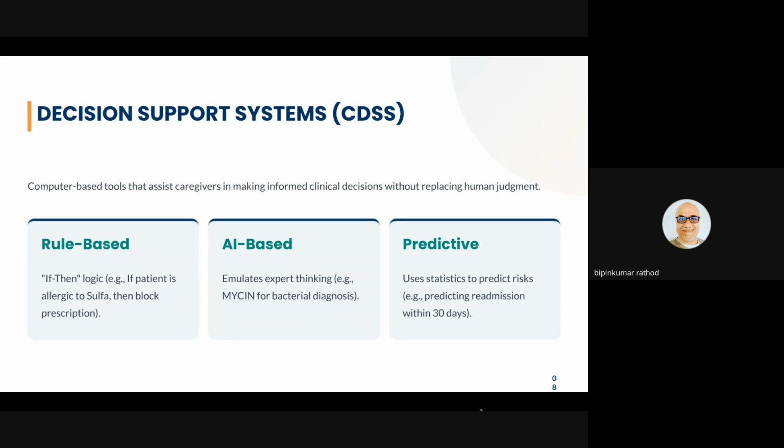So any computer application, any information science application, or any algorithm which works for us is called a decision support system. You don't have to go into the technical detail as you are management students, but I would like you to understand, explore and elaborate the various applications for the decision support system.